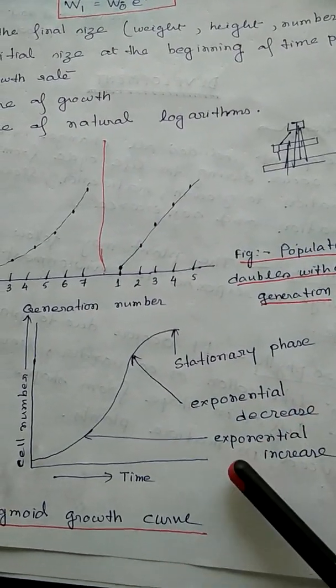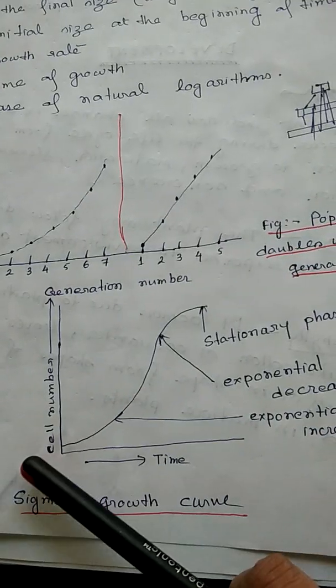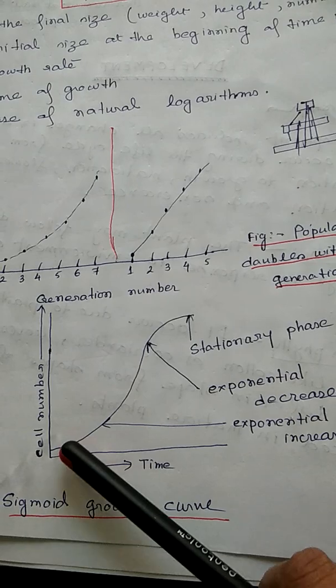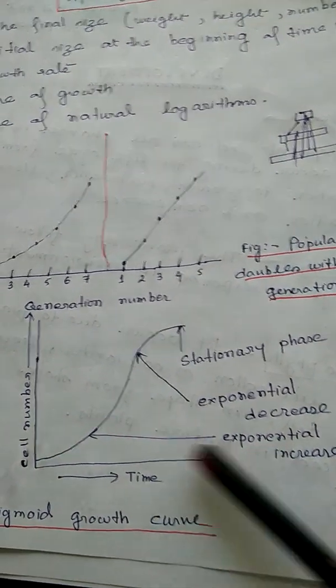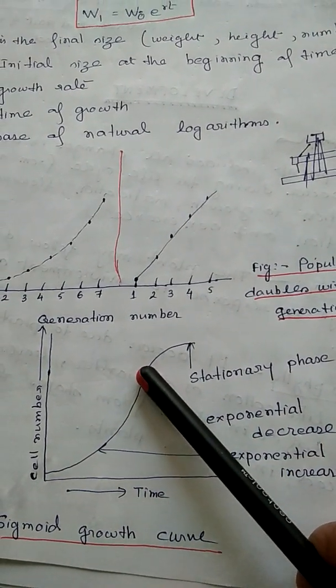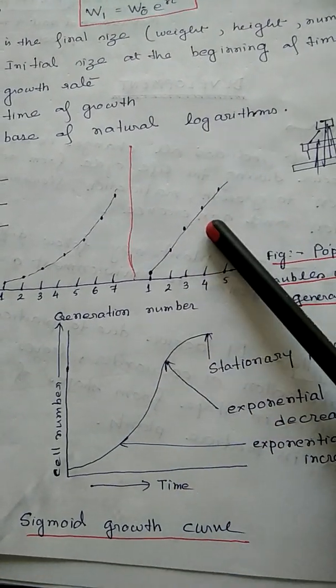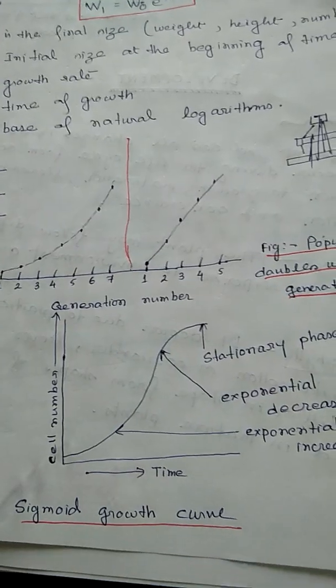With respect to time, the cell number first increases, then slightly decreases in rate, and then becomes stationary. So that is the difference between arithmetic and geometrical increase or growth.